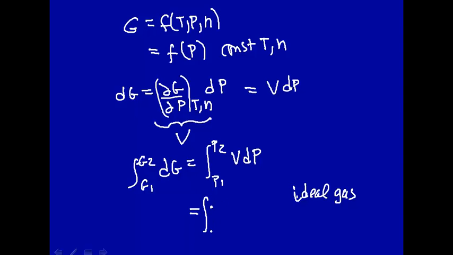So this will be the integral from P1 to P2 of nRT over pressure dP, and this we know by now is just a log integral, so we have delta G, G2 minus G1, is equal to nRT times the natural log of the final pressure over the initial pressure.